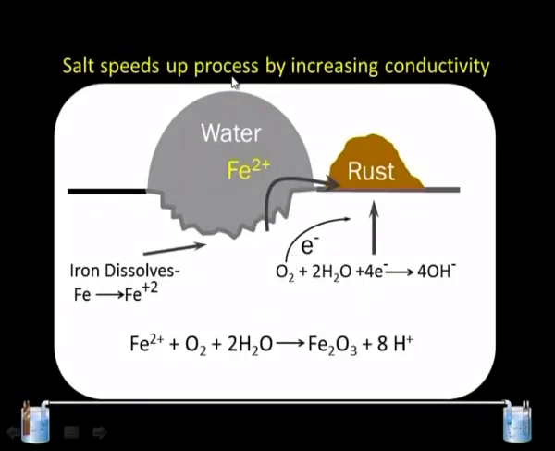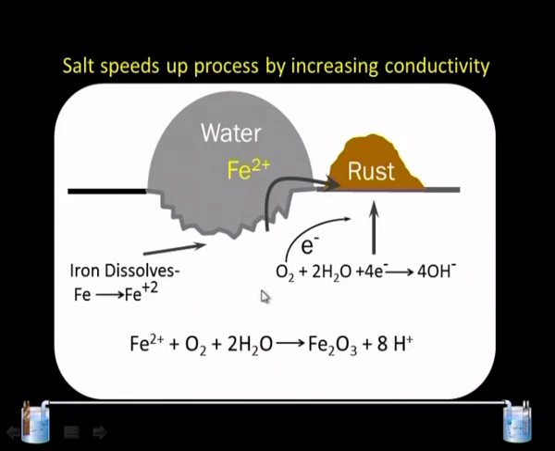This is another example. If we add salt, it speeds up the process by increasing conductivity and the rust formation becomes more. This is a water droplet, and here iron starts dissolving giving Fe2+, which reaches near the water surface, and Fe2+ reacts with oxygen which is available at the surface and 2 molecules of water to give Fe2O3 and 8 protons are formed.